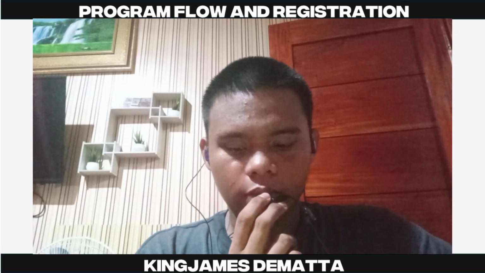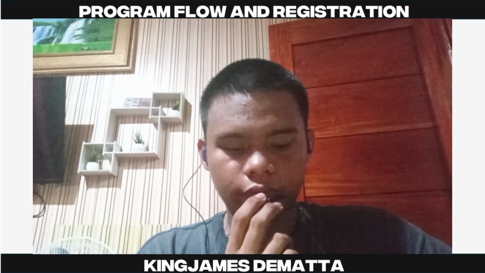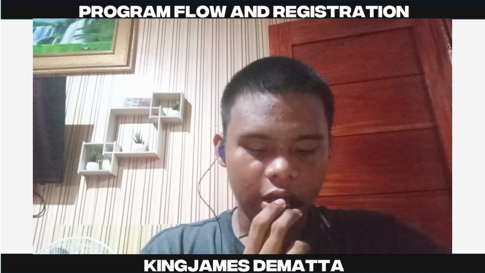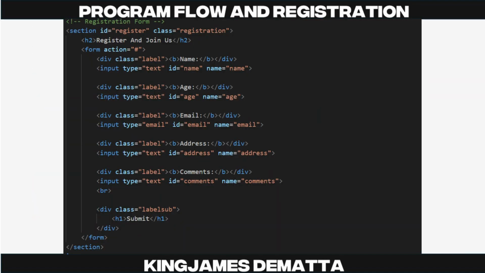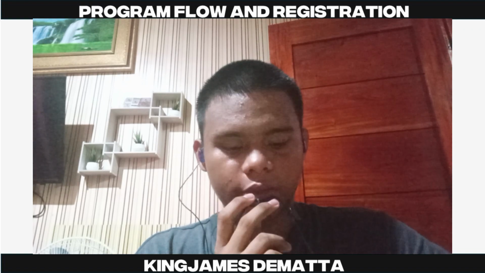So same again for the division tag of the age, the input type is also text, division tag for the email, and the input type for this is email, and the users will need to put their email accounts.